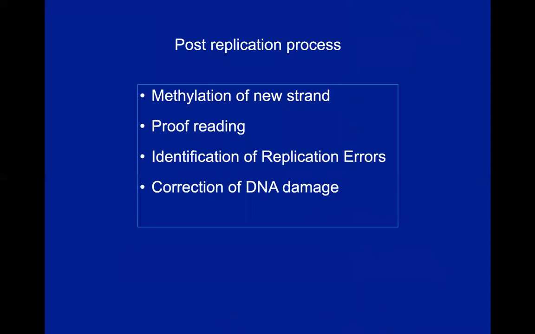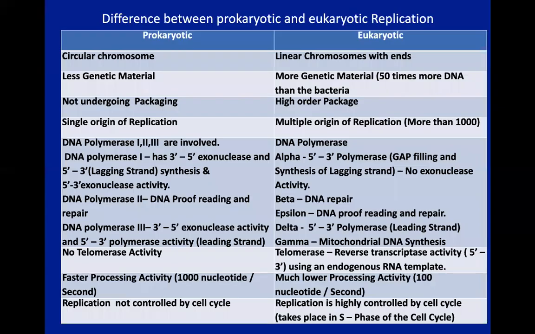Now, post-replication processes, what happens after replication? Methylation of the new strand and proofreading, identification of the replication errors, correction of the DNA damage. These are the post-replication processes. So these are the differences between prokaryotic and eukaryotic replication.